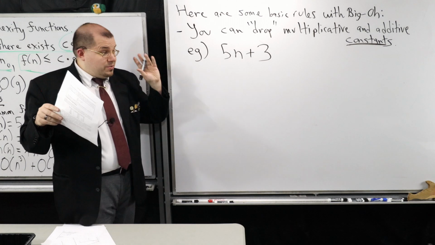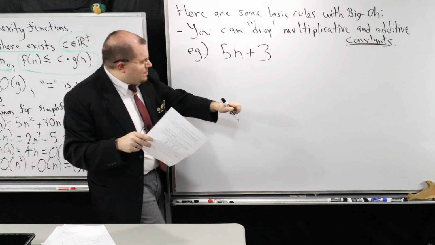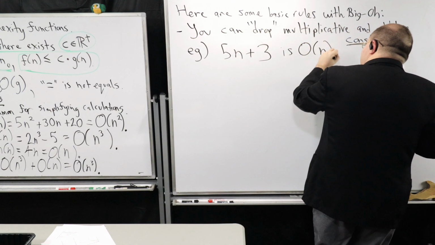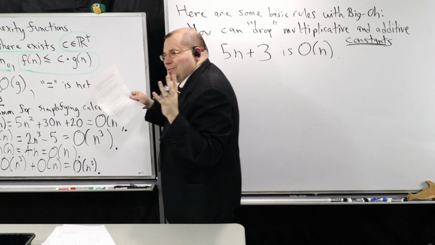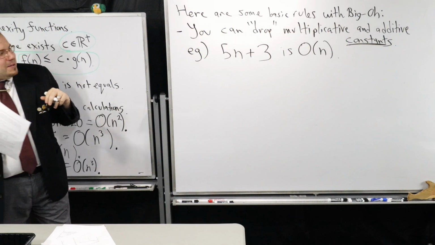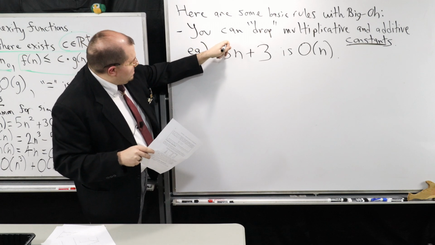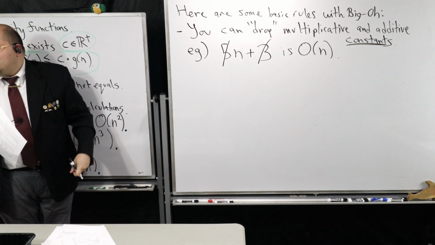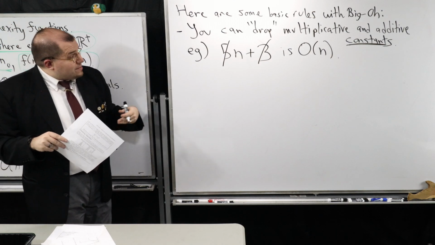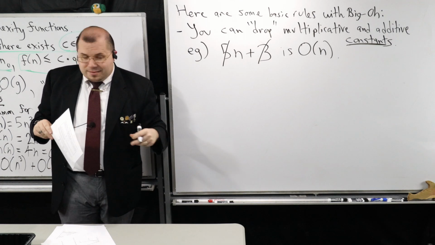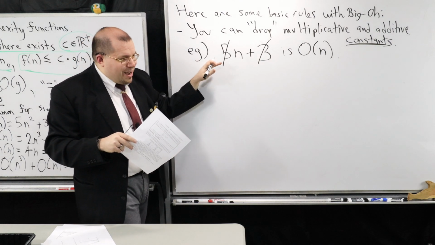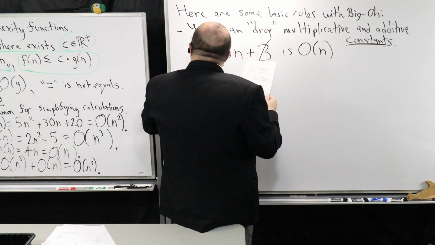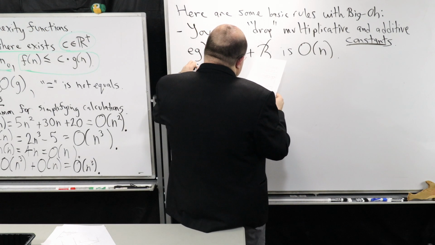And I'll tell you up front that this is big O of n. You might have thought about that before I even wrote it down, right? So what I'm saying is that you can basically ignore that, and you can ignore this. When you see multiplicative constants like the 5 and additive constants like my 3 over here, you can drop these. So that's one basic rule.